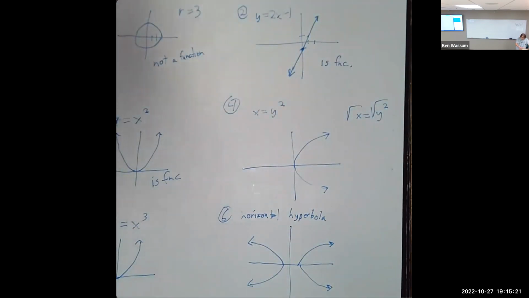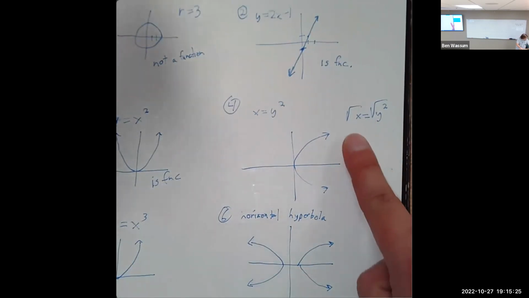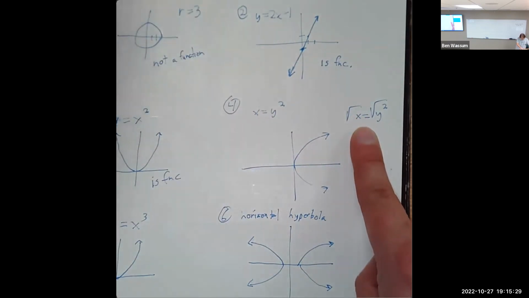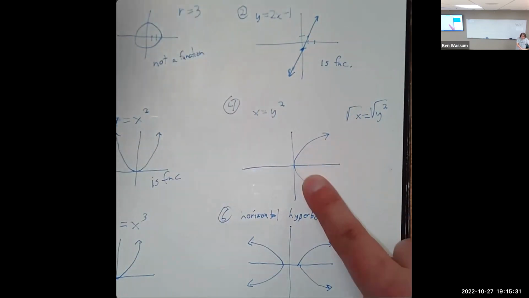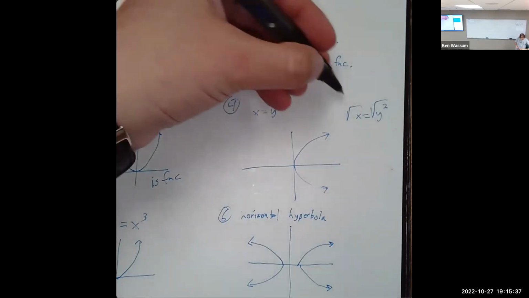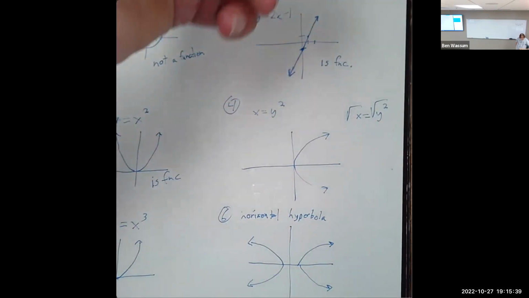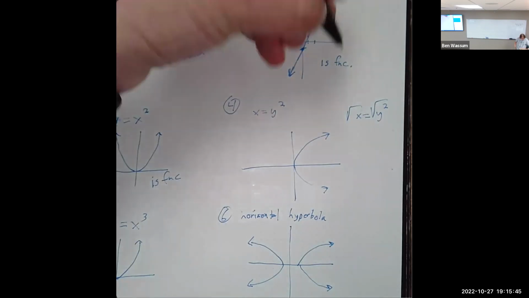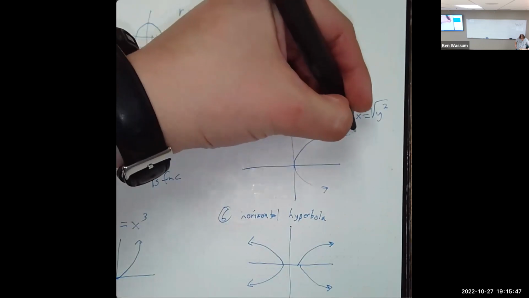Now, at the time, we were only looking at the positive numbers, but technically, if I square root a number and x is a number, we don't know what the number is. Depends on where you are, right? But x is a number. And if I square root that number, what do I get? Well, it could go two ways, because if I had the negative of it, it would square to the positive. And if I had the positive of it, it obviously squares to the positive. So we get a plus or minus.